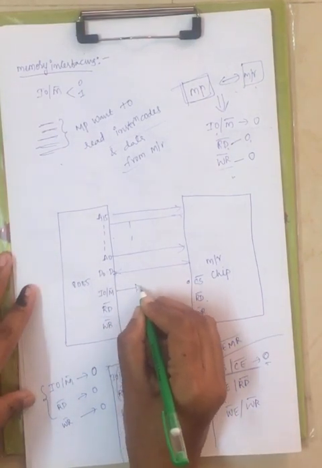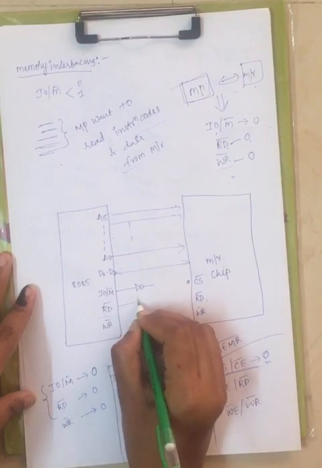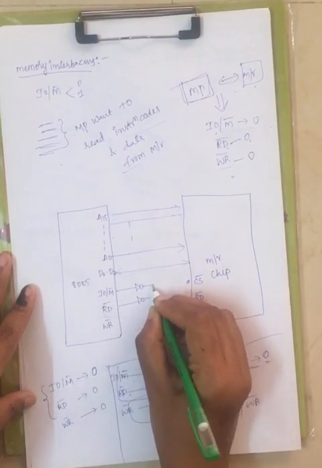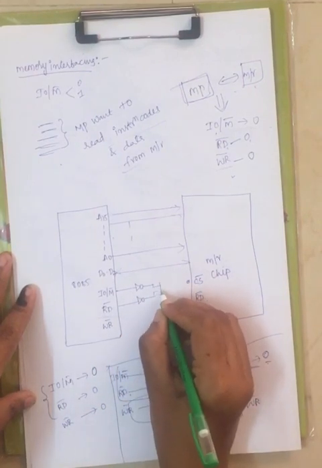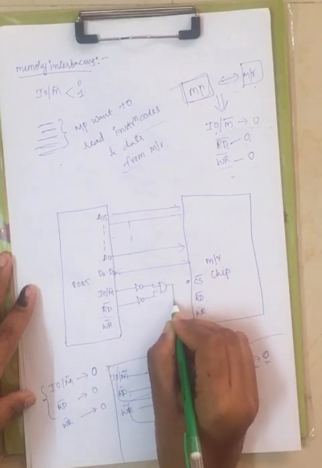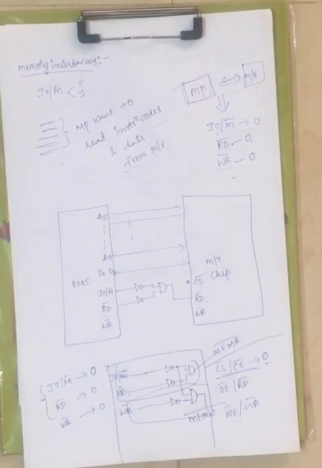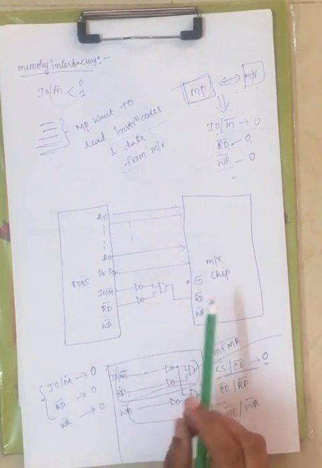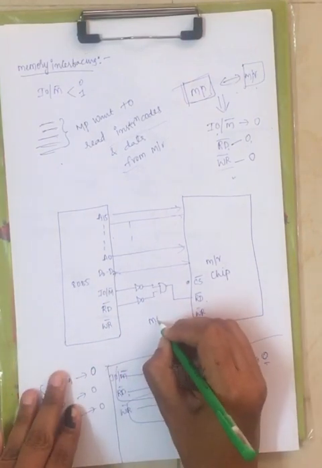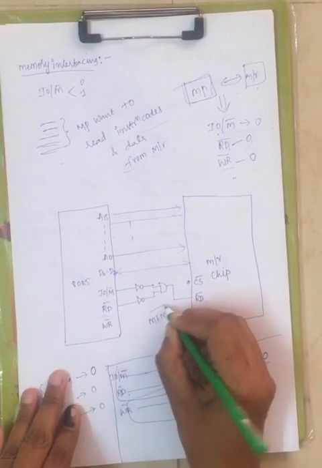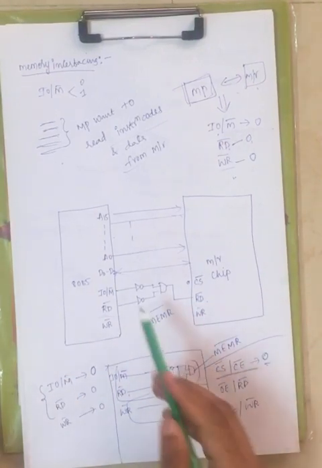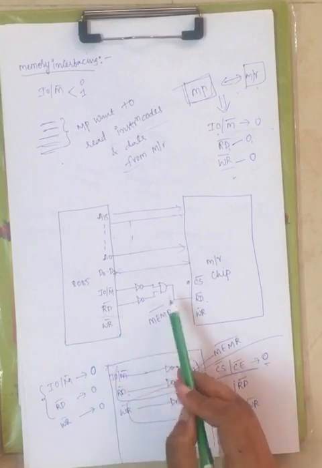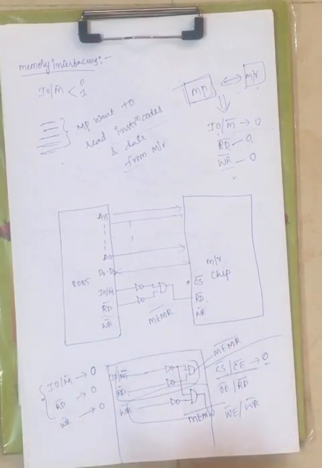This is active low, and the read signal is also active low. These are AND gated and connected to the read signal. This is the interfacing between your 8085 and the memory chip for the memory read signal. When it is memory write, this is active low and this is active low, AND gated and connected to the write signal.